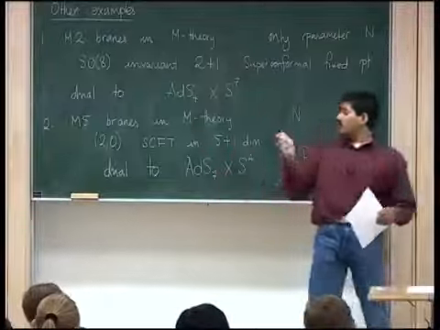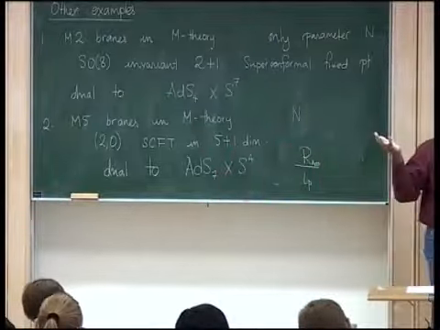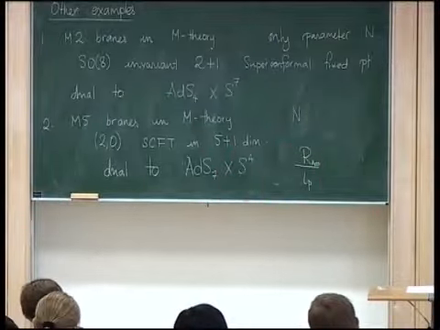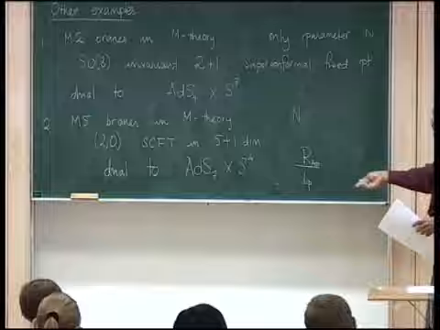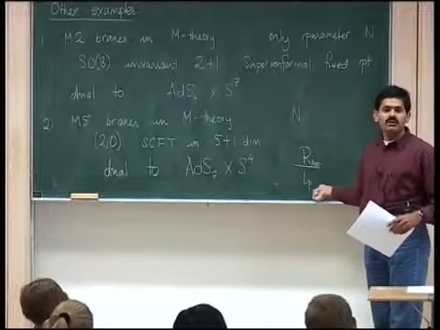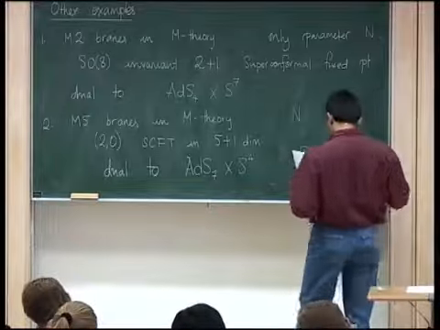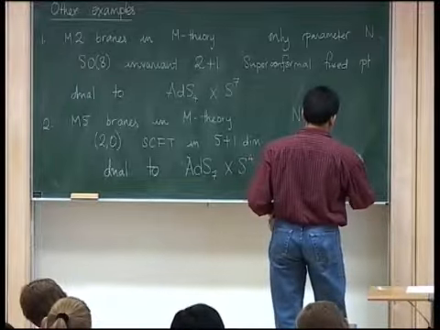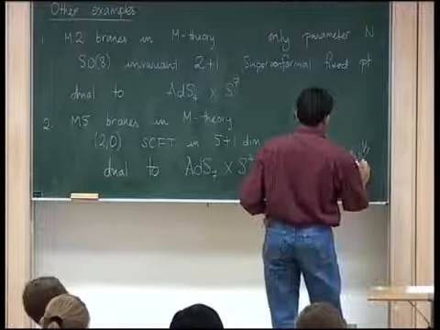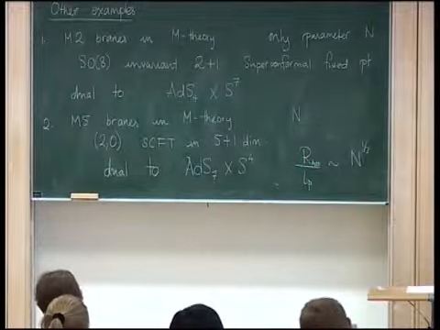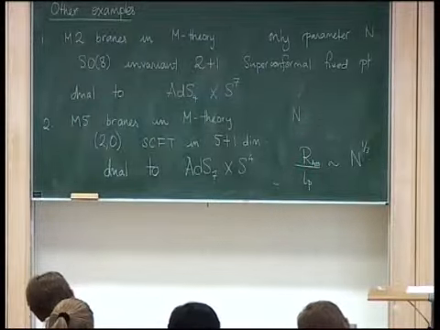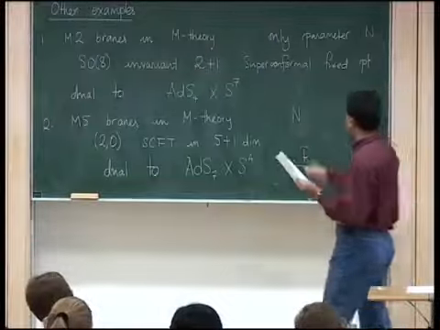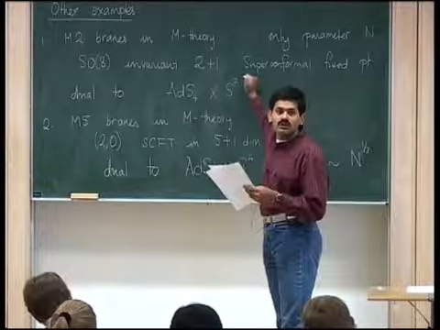Now, we're talking about M theory, so there's no natural notion of string scale. There's only an 11-dimensional Planck scale. So I'll give you the AdS radius in Planck units in 11 dimensions. This scales like n to the 1/3 for the M5 brane case, and I think it scales like n to the 2/3 for the M2 brane case.